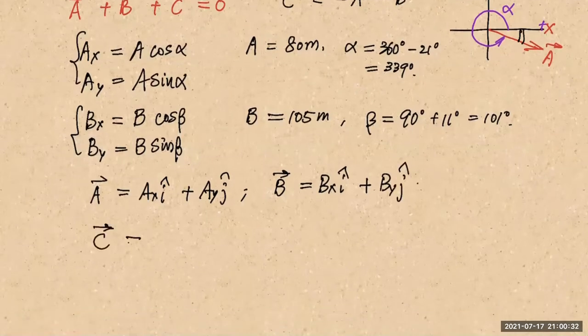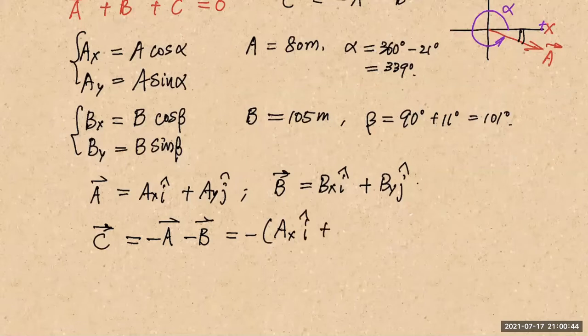Vector C is equal to negative A minus vector B. So that is negative AXi plus AYj, and then minus BXi plus BYj, right?